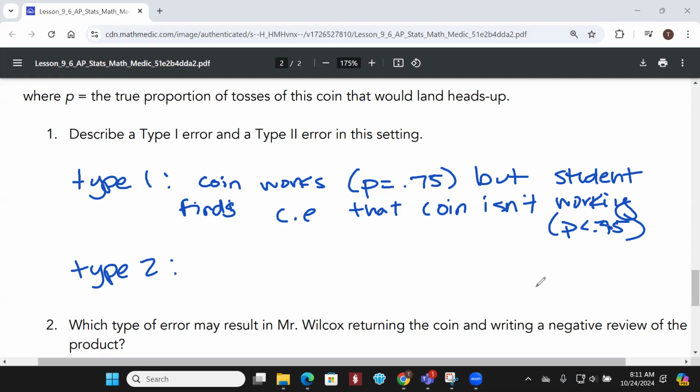A type 2 error, remember, is when the alternative hypothesis is true. So that means that the coin doesn't work. The coin doesn't work, so p is less than 0.75, but the student does not find convincing evidence that the coin is not working.